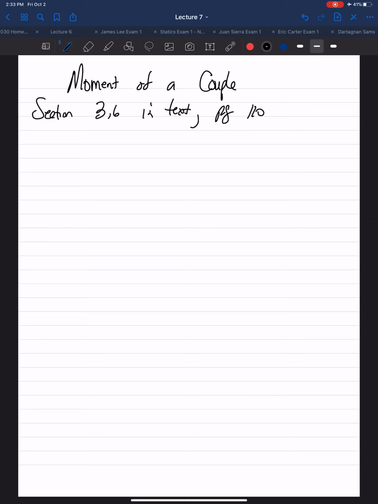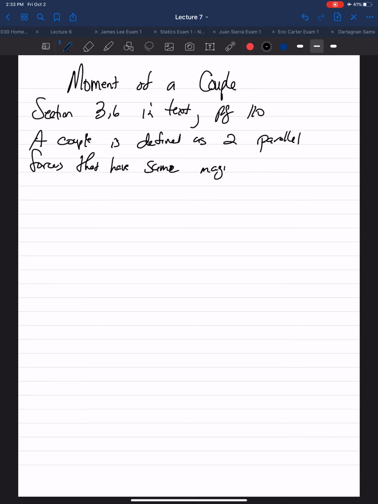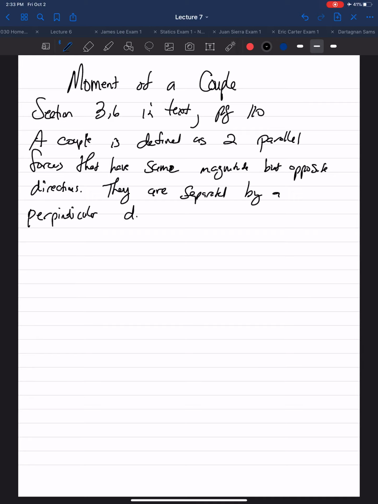So a couple is defined as two parallel forces that have the same magnitude but opposite directions, and they are separated by a perpendicular distance given by d.